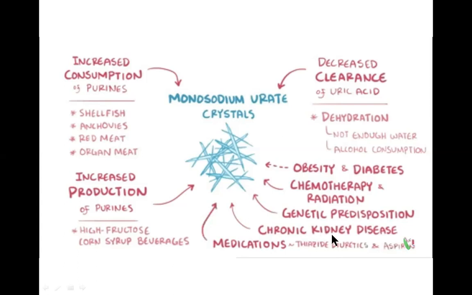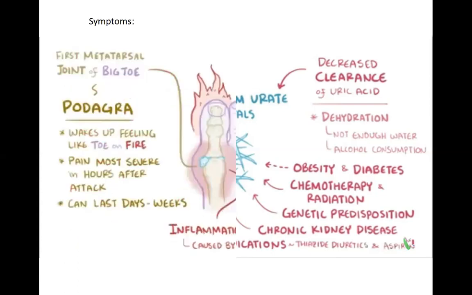Some chronic kidney diseases also may cause increased uric acid deposition, and some medications like thiazide diuretics and aspirin may also cause increased levels of monosodium urate crystals.